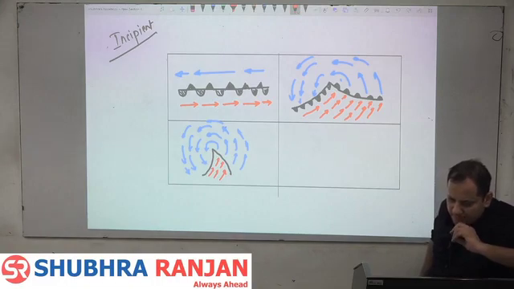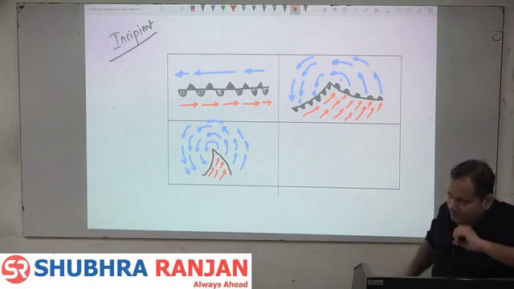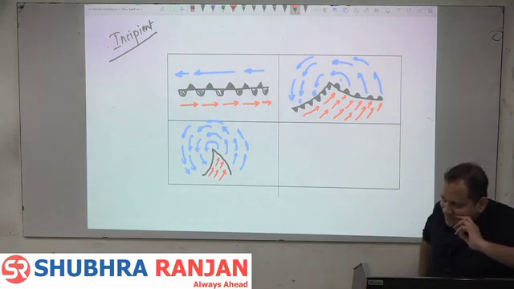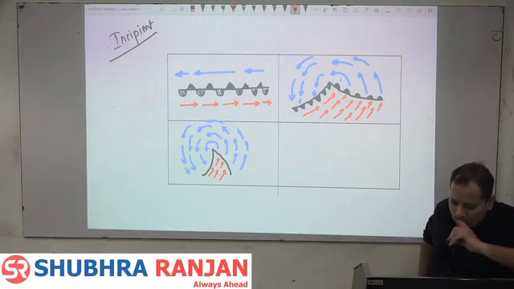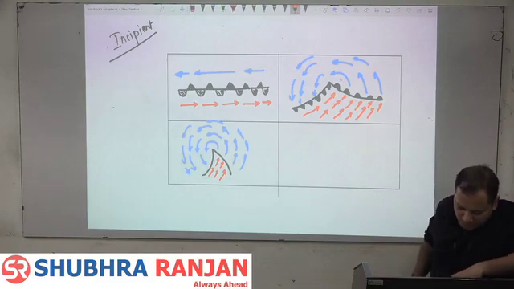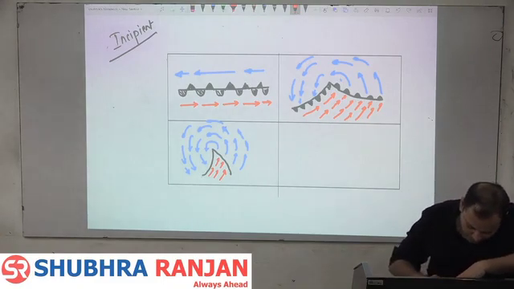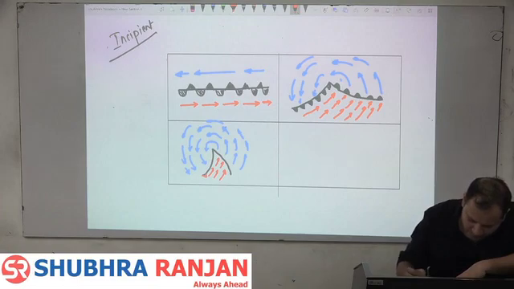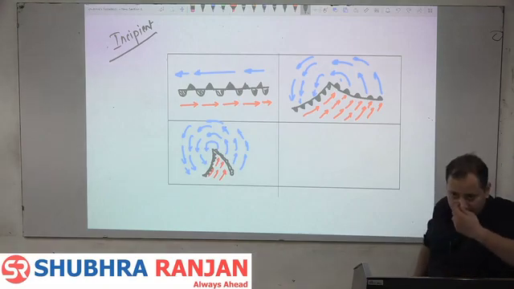Ultimately, with the narrowing of warm sector, occlusion occurs resulting into the death of a cyclone.